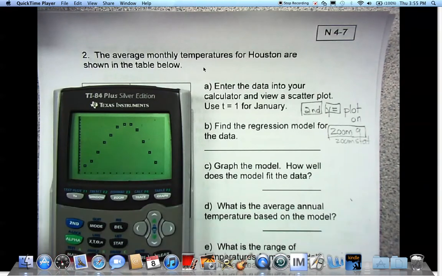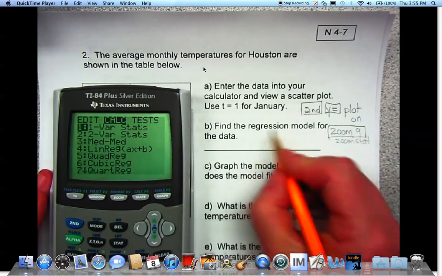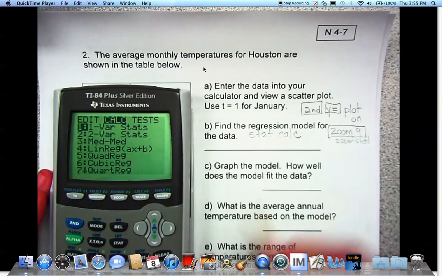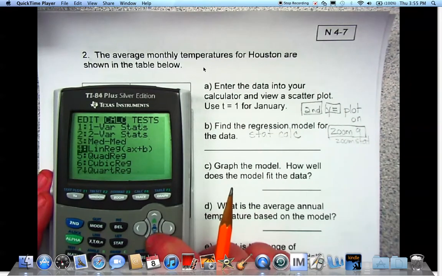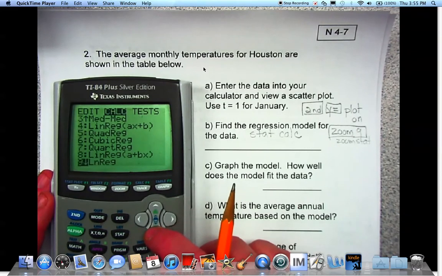Okay, so we're going to go to stat calc. And then go down, we have linear regression, quadratic regression, cubic, quartic, another linear, natural logarithm, an exponential, a power, logistic, and sine.